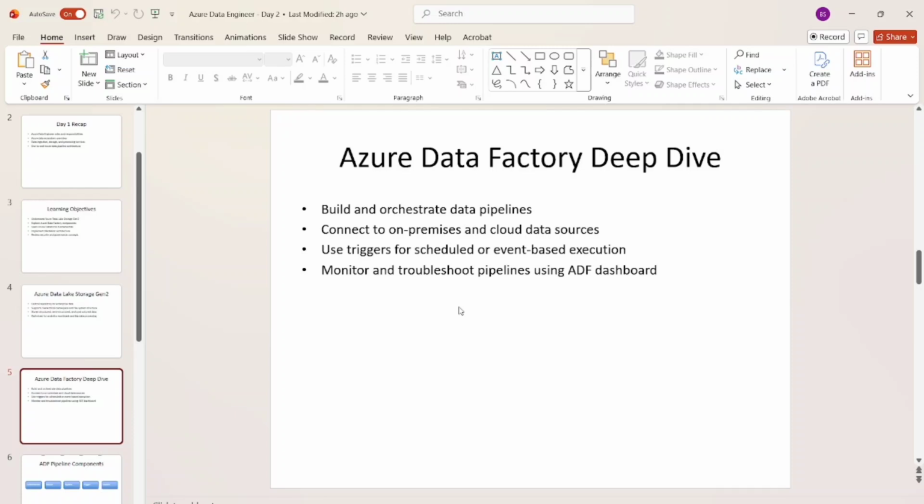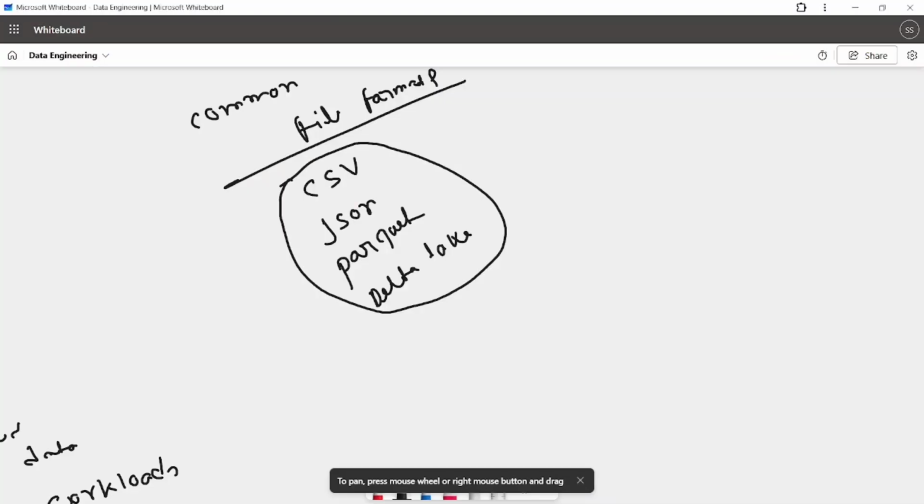So its primary purpose is to move and orchestrate data across different systems. Okay, so ADF supports both batch and incremental data loading. Okay, so what does ADF support? Both batch and incremental data loading. Okay, just remember this point. So here guys, just a minute.